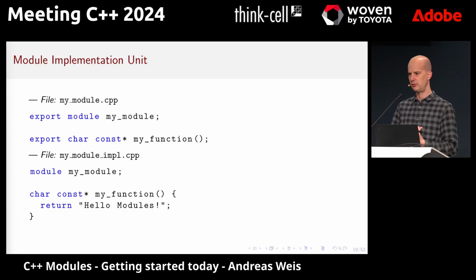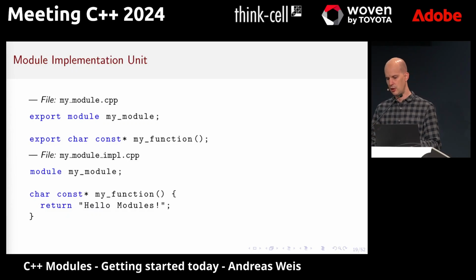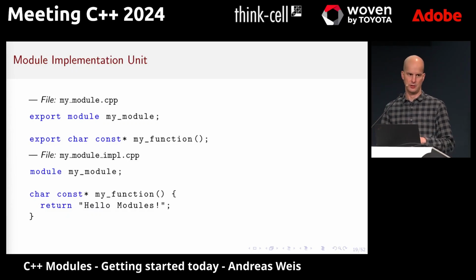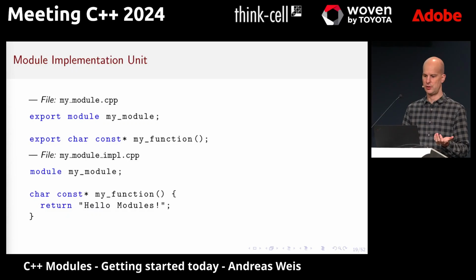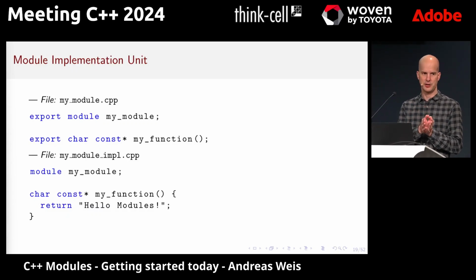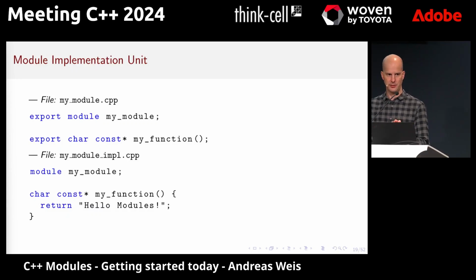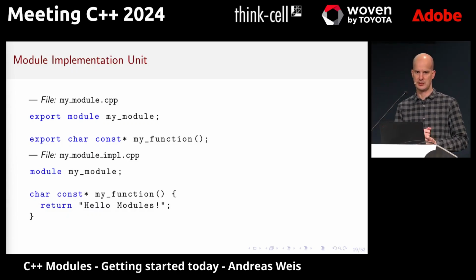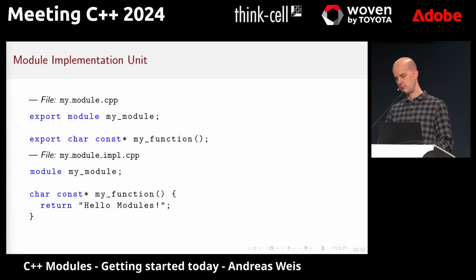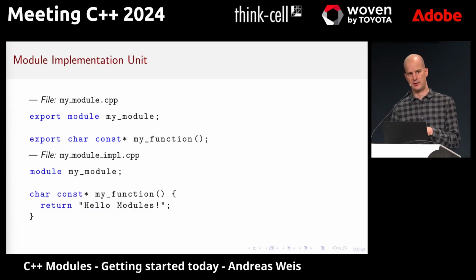In particular, if you think about optimizing rebuild times on your code, you might want to put all of the stable parts of the interface into the primary module interface, and then put the implementation details that are prone to change much more frequently into an implementation file.